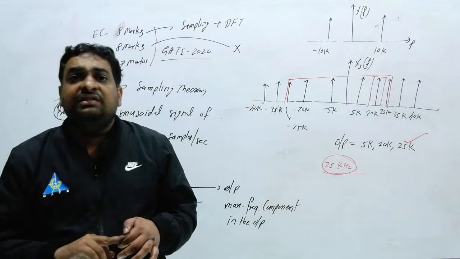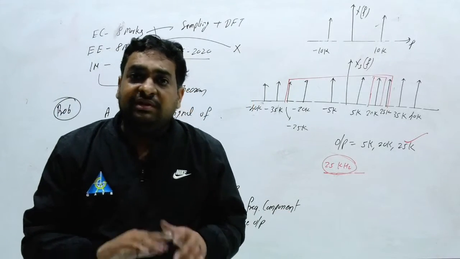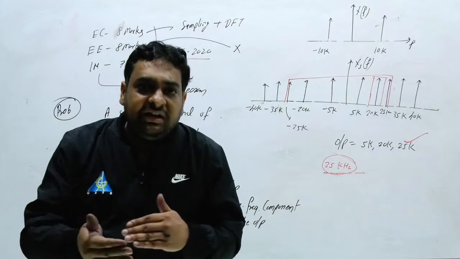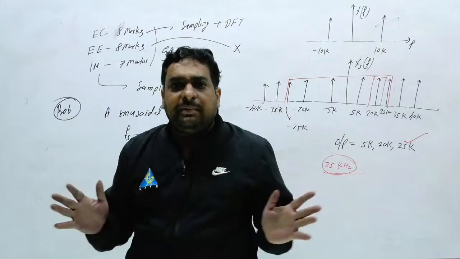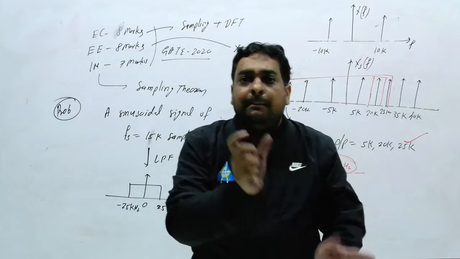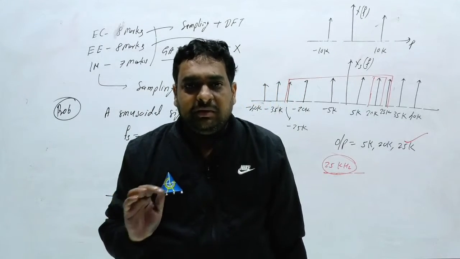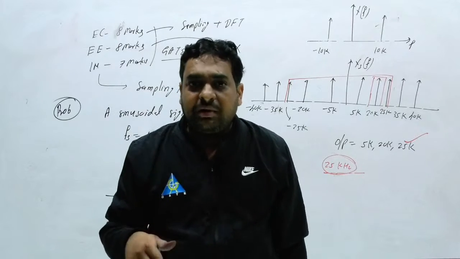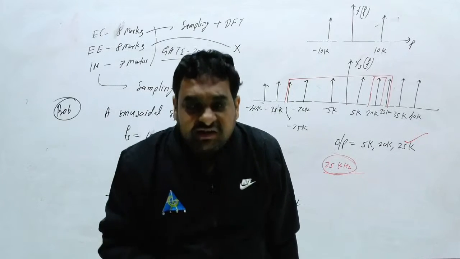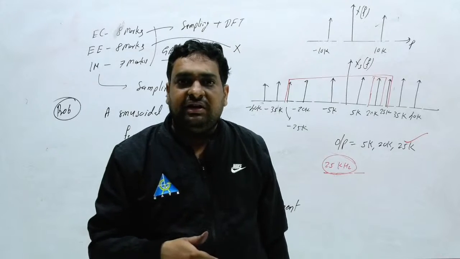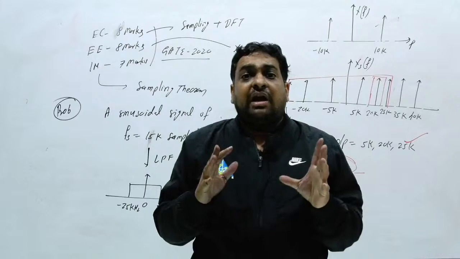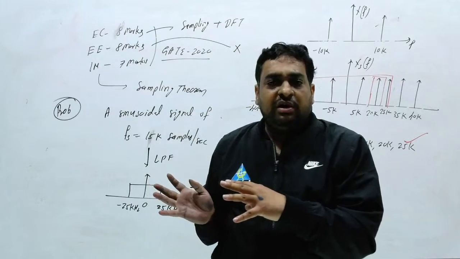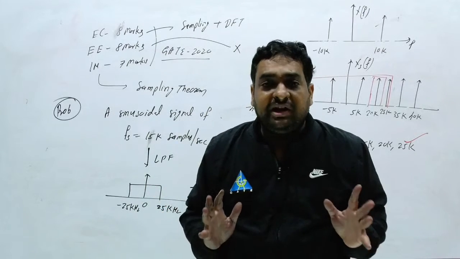Then we have studied the fundamentals of systems: causality, stability, linear, LTI (linear time invariant) systems, all the properties by input-output relation and by the impulse response of the system. And then we have studied Laplace transform, Z transform, Fourier transform, and then the sampling theorem.